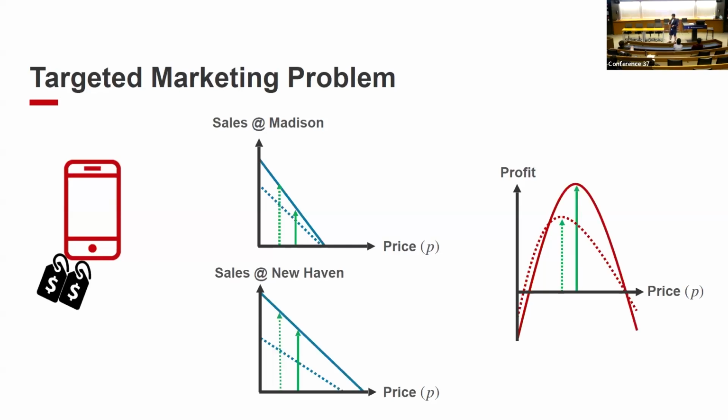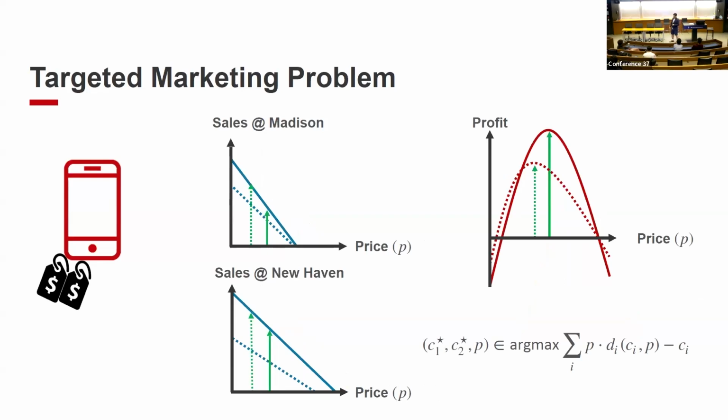And as before, if you change the marketing cost, the advertisement cost, this will shift demand. But here the shift is independent, and we're choosing different advertisement cost variables for each market. In this case, Madison shifts a little bit, and New Haven shifts a little bit further. If we choose some marketing cost variables, then the profit is maximized at a new price.